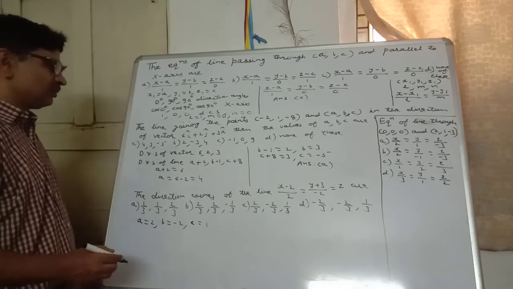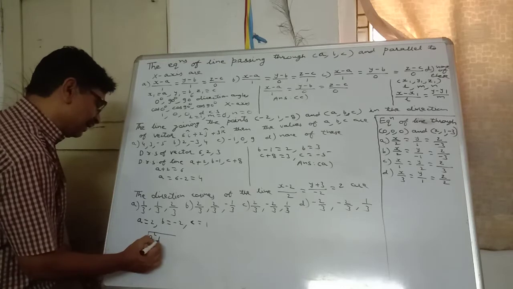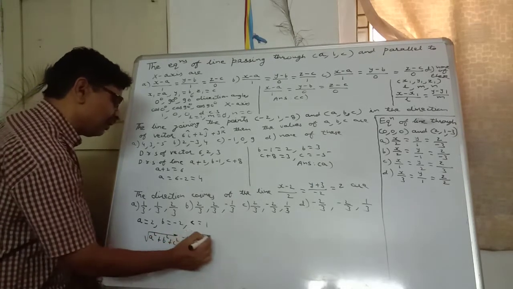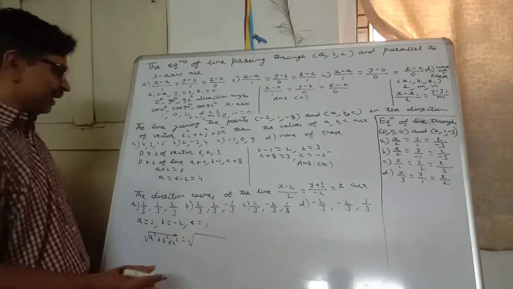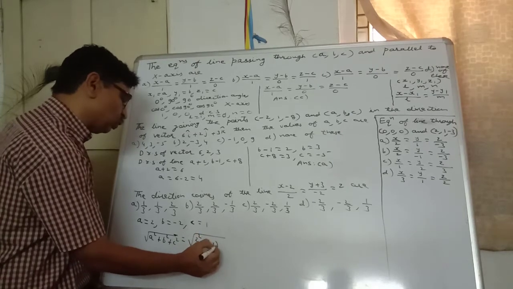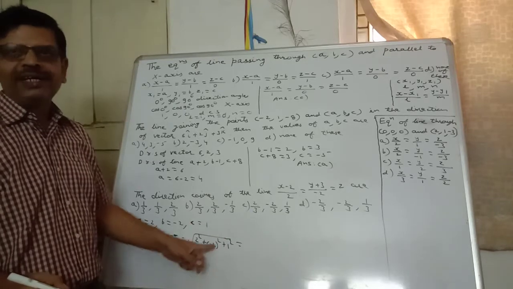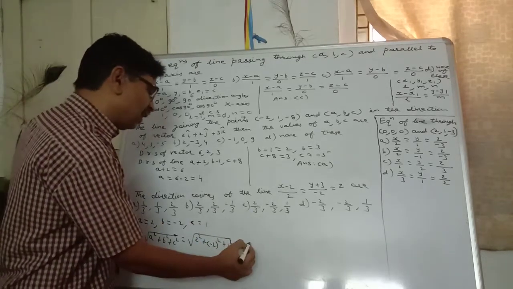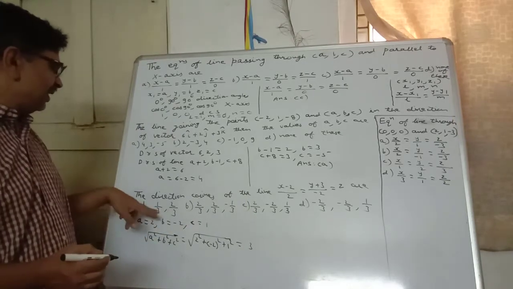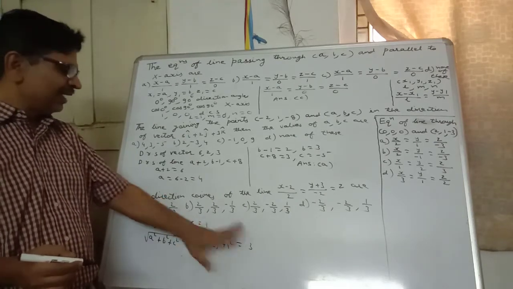Before getting the direction cosines, let us find the square root of a square plus b square plus c square, equal to the square root of, put the corresponding values, 2 square plus (minus 2) square plus 1 square. 4 plus 4, 8, plus 1, 9. Root 9 is 3. And here in all the options the denominator is 3 only. So even if we don't find its value, it is okay.